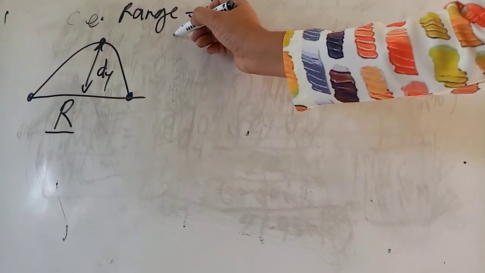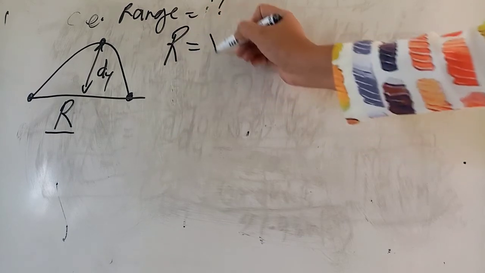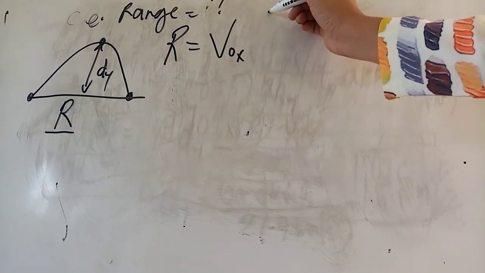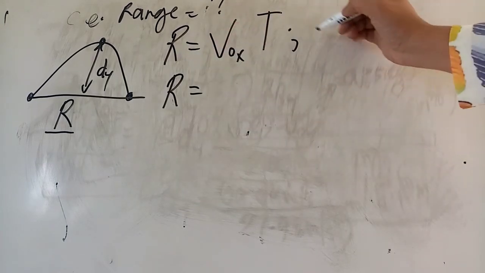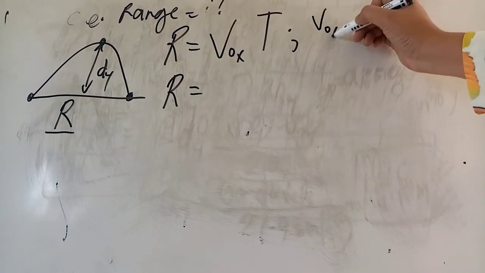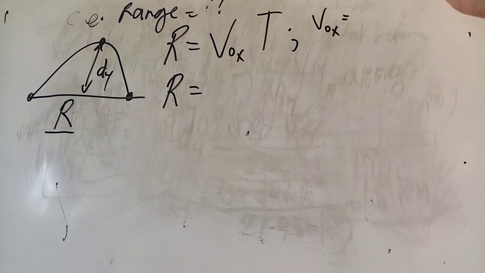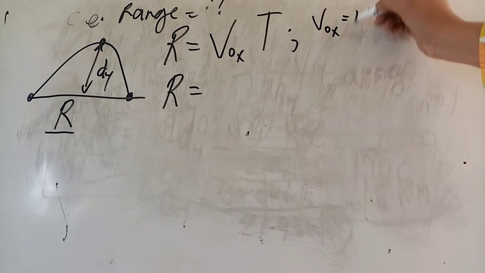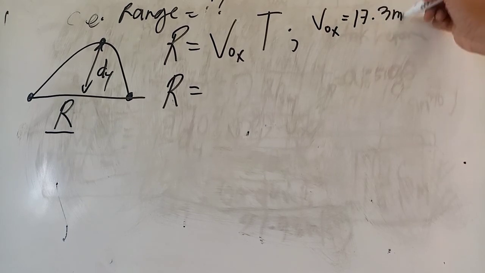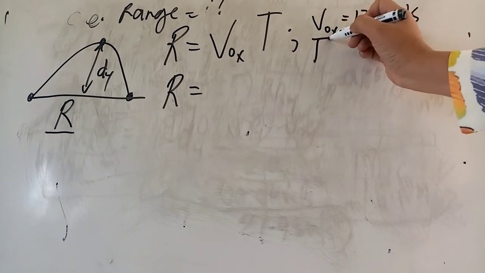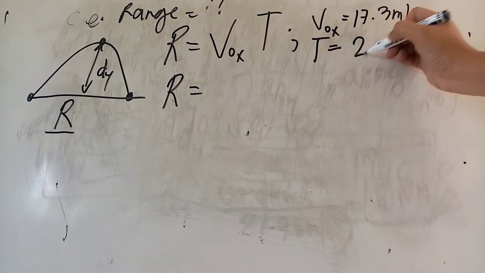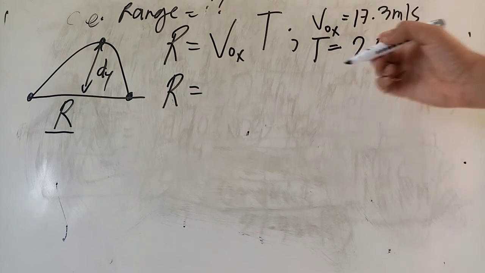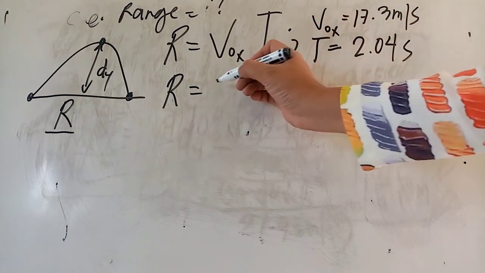Recall that range is equal to the initial velocity in x times our total time of travel. We know that our initial velocity in x from letter A is equal to 17.3 meters per second, and our total time of travel, capital T, is 2.04 seconds. Let's just substitute all these values.